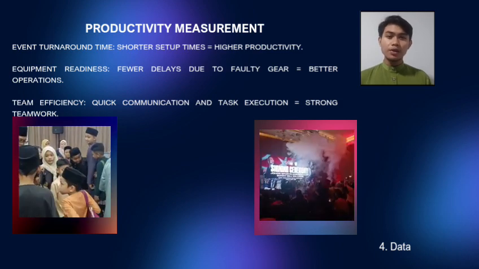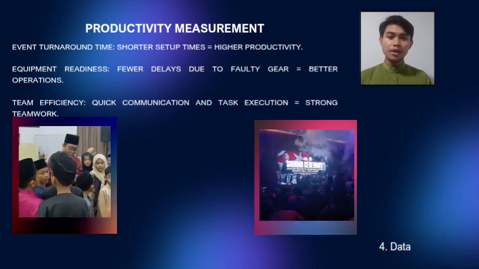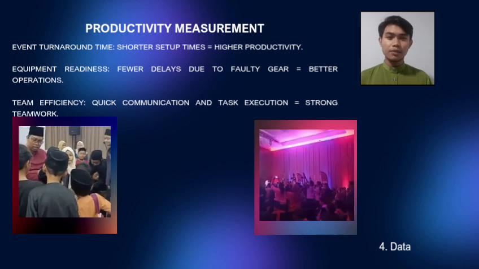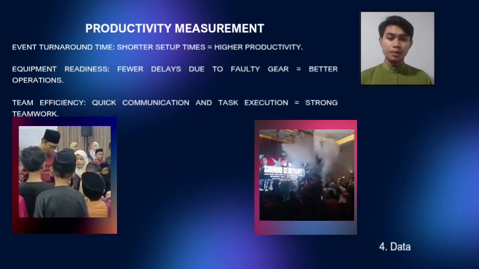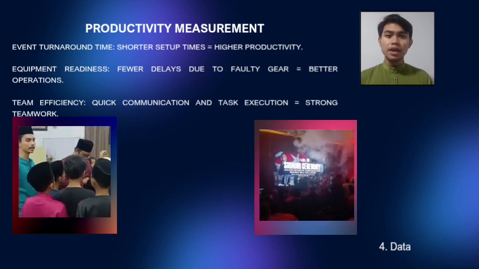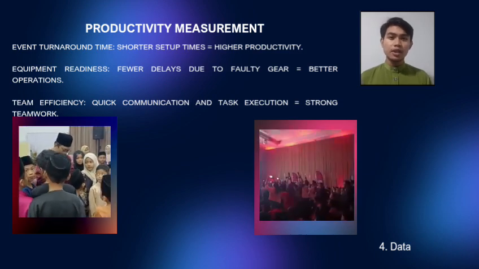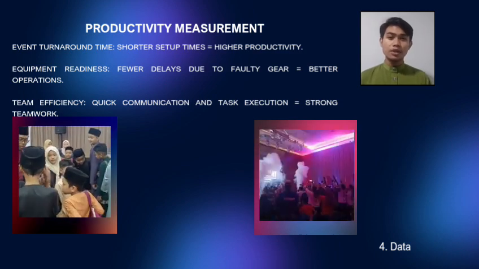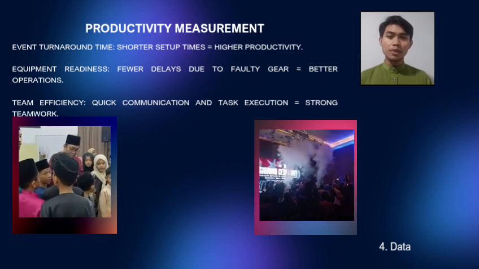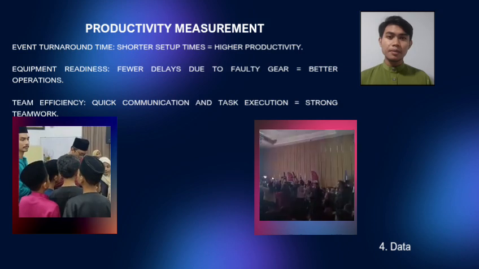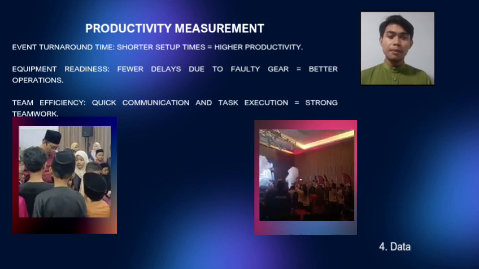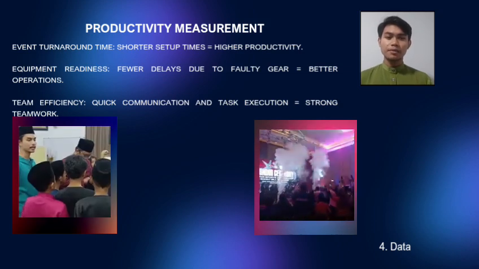It means that no gear or equipment breaks during the event, the better the operations, which is much smoother. And lastly, team efficiency. Quick communication and task execution mean strong teamwork. It means that good leadership makes a team more efficient during work.